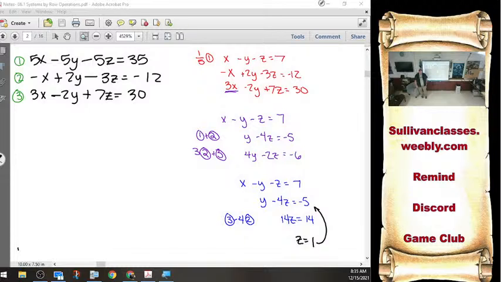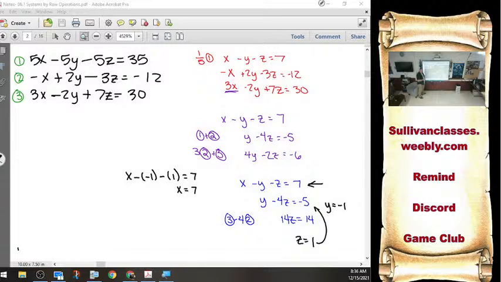If z is 1, plug it in, solve for y. Y is -1. And if I know that z is 1 and y is -1, bring those into the top equation. X minus a -1 minus a 1 is 7. Well, minus a -1 is +1. 1 minus 1 cancels. X is 7.